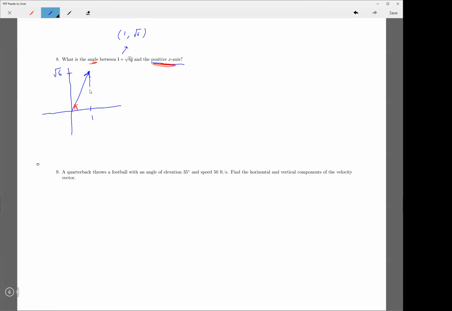We know that this side is the square root of 6, and this side is 1. So what's the angle going to be? Wouldn't this be root 6? Couldn't you do the inverse tangent of root 6 over 1?